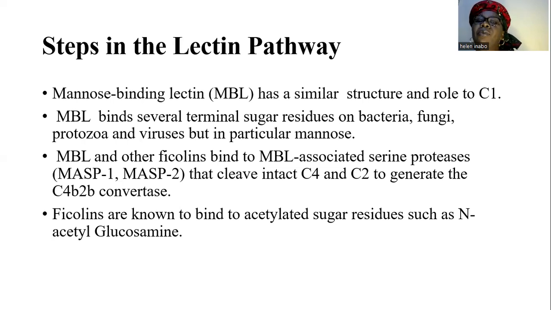They are known as MASP1 and MASP2. MASP1 is the first to bind to the immune complex, and then followed by MASP2, which cleaves intact C4 into C4a and C4b, and then the C4b, which is the larger fragment, initiates the cleaving of C2 into C2a and C2b.